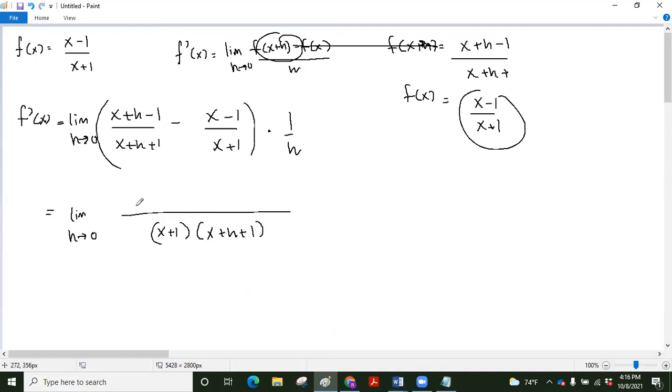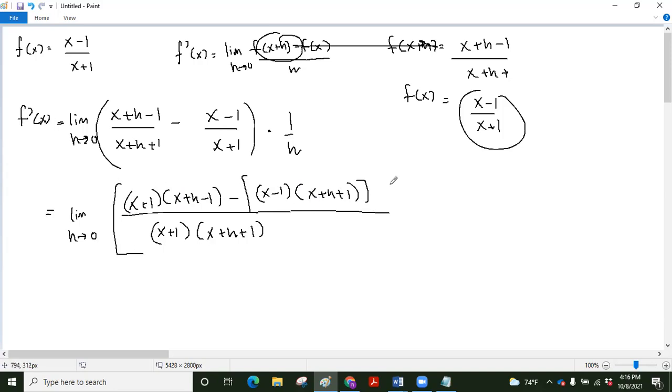Combine the denominators, and then x plus 1, x plus h minus 1, minus a bracket here, x minus 1, x plus h plus 1. Just to double check, and then we'll multiply it by 1 over h. So we did x plus 1, x plus h plus 1, x plus 1, x plus h minus 1, and then x minus 1, x plus h plus 1.